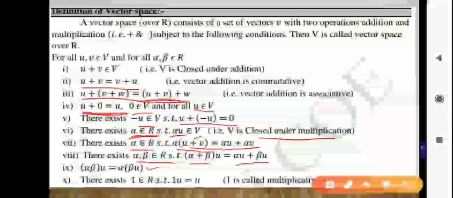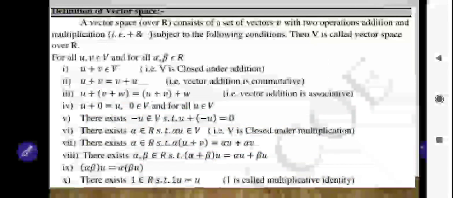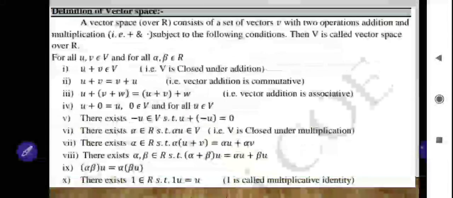And tenth property, there must exist 1 belonging to real numbers, we know 1 is a real number, such that 1 into u gives u as it is, the same element. That is, 1 is called the multiplicative identity in this case.